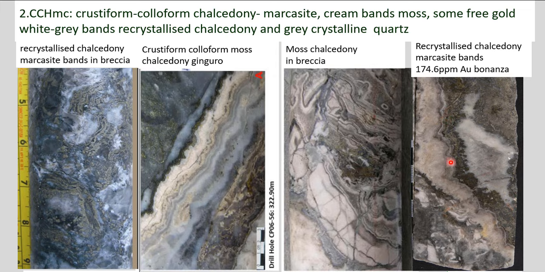So these are ones where you've got those recrystallization of chalcedony textures because they're in these crustiform, coliform banded veins where the fluid conditions are fluctuating quite wildly. Okay, these are very high grade veins. Okay, next one.